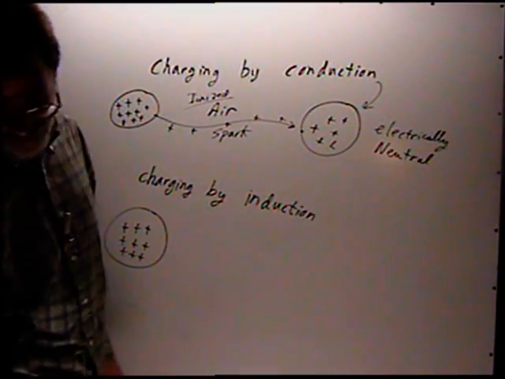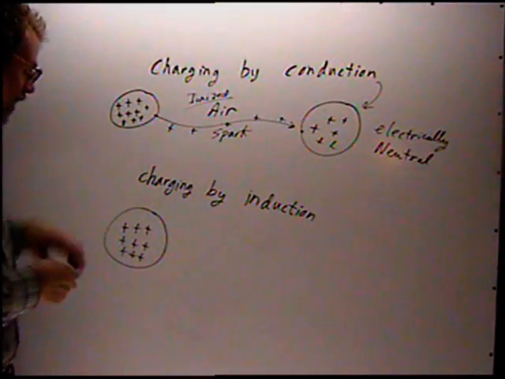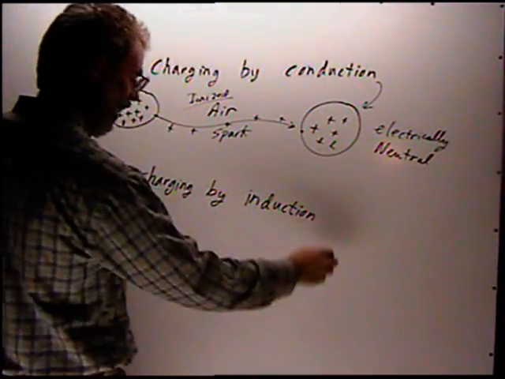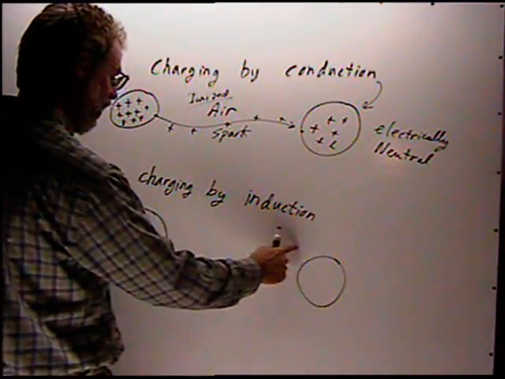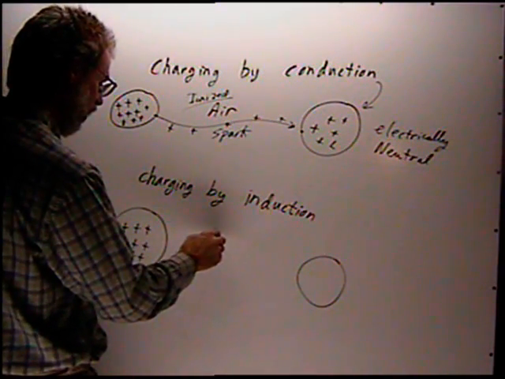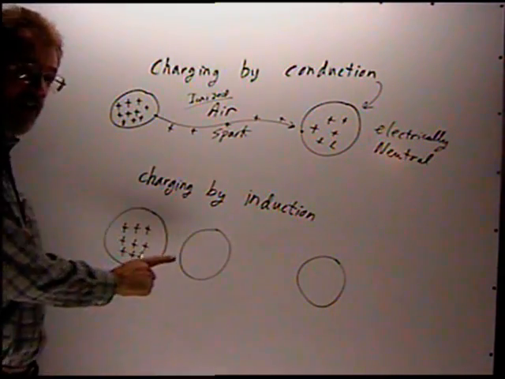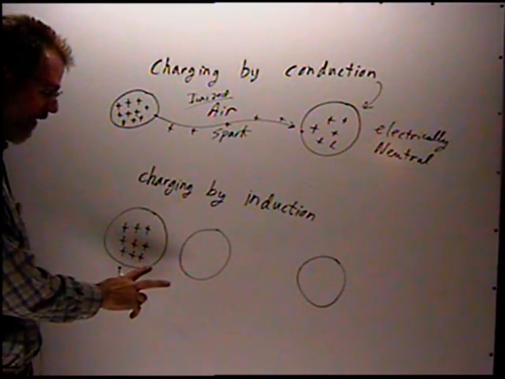And we have this electrically neutral object, but we bring this neutral object close by. So we bring it in close proximity. It is not touching, but it's in close proximity.